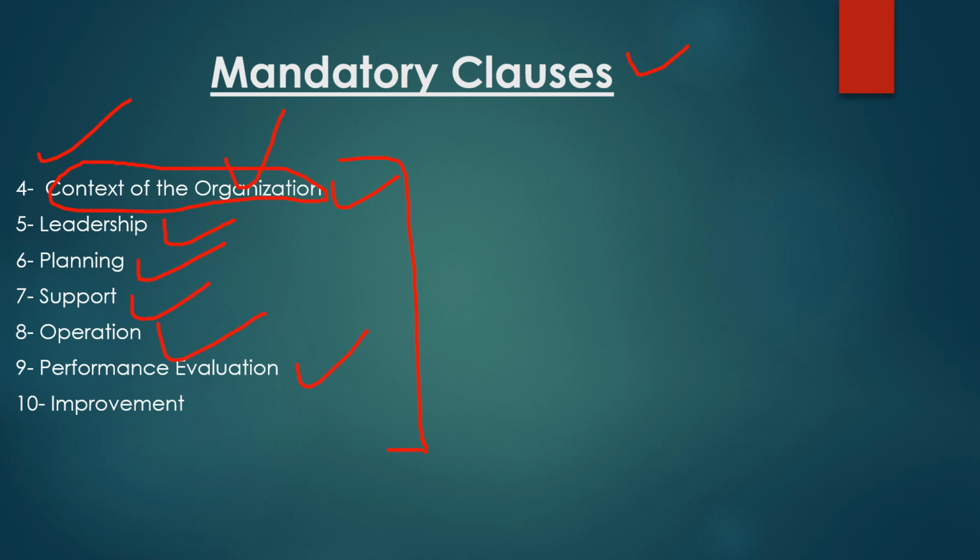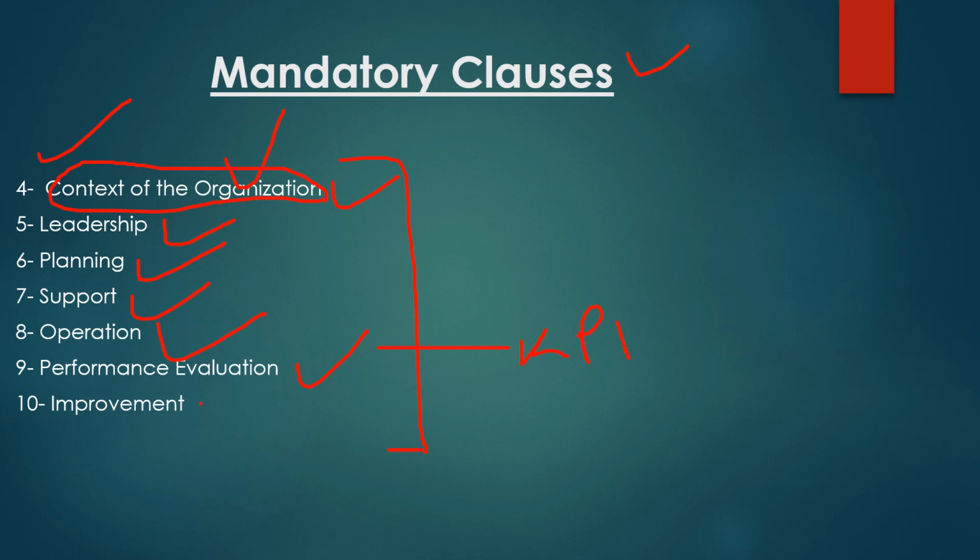Next is performance evaluation, which means identifying the risk, assessing the risk, mitigating the risk, and a kind of continual improvement. We can also say that KPIs and KRIs are part of performance evaluation.